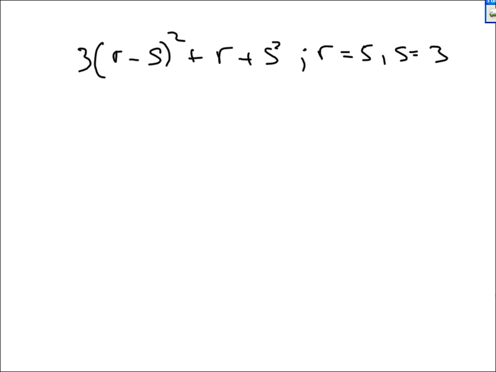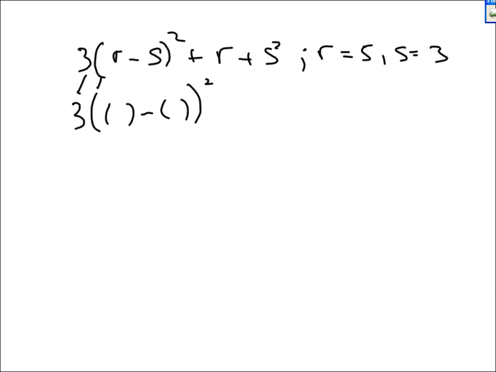And how about this one? How much is 3 times r take away s all squared plus r plus s squared, given that r is 5 and s is 3? Okay, so 3 brackets, r in brackets, the minus sign, s in brackets, close the bracket, square.